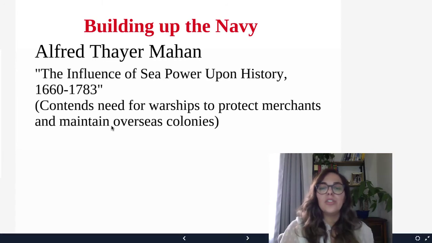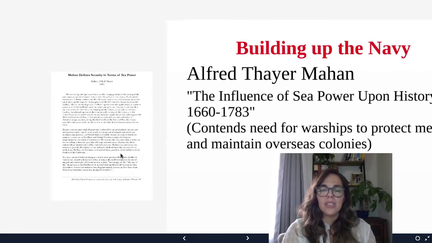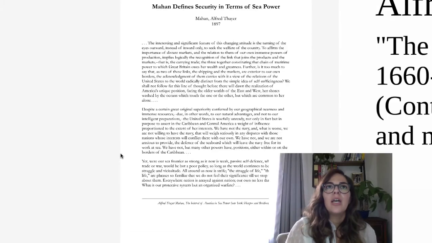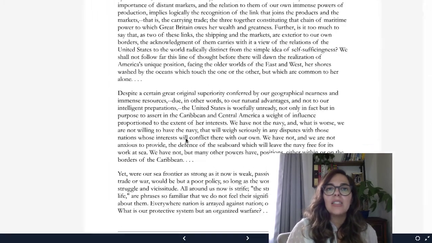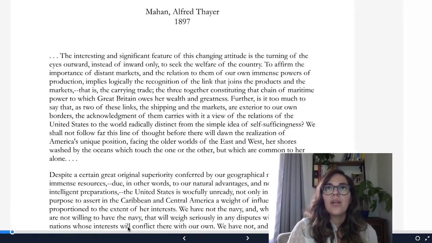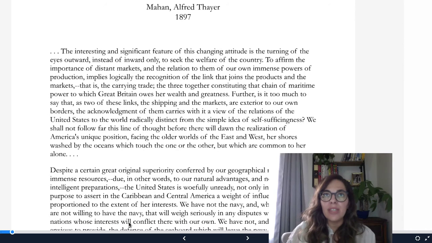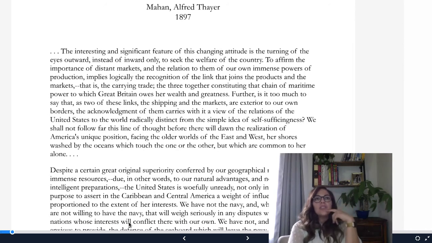So, I want to show you a part of his book. Mahan is describing here one of the interesting things. He says the interesting and significant feature of this changing attitude is the turning of the eyes outward instead of inward only.